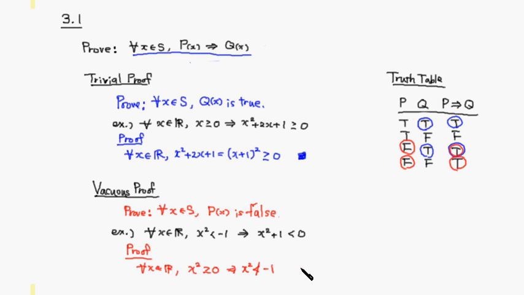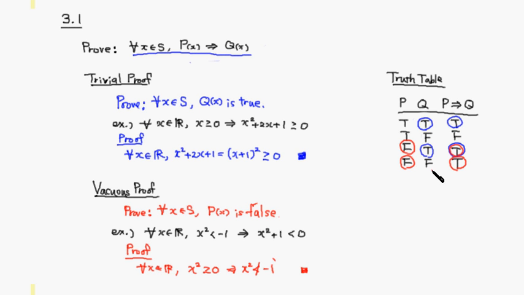Then that will prove that this implication is true, because for all real numbers x, the hypothesis is always false. Therefore, the implication is true. So this is called the vacuous proof.